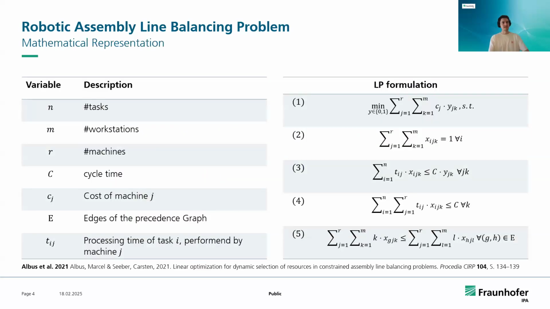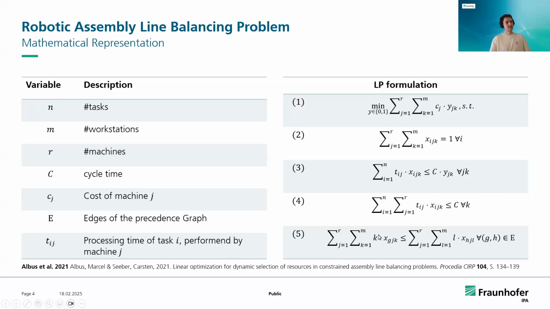Let's formalize this in a mathematical way. Let's start off by defining some variables. We have a certain number of tasks, and we have some workstations, some machines. We have the cycle time. Each machine has a dedicated cost. And we have a precedence graph, which defines in which way the tasks have to be fulfilled. And then, as I already said, each machine has a processing time for an according task.